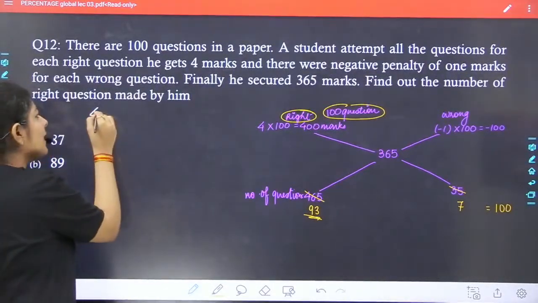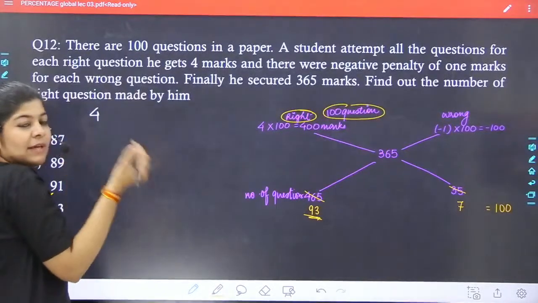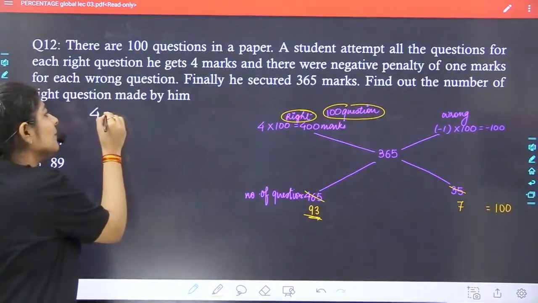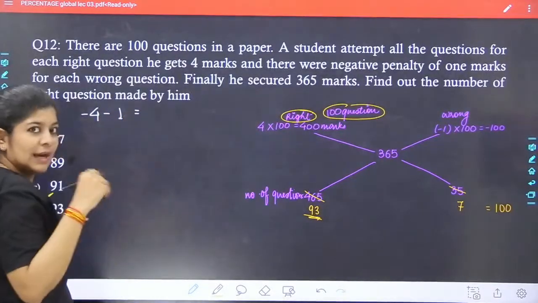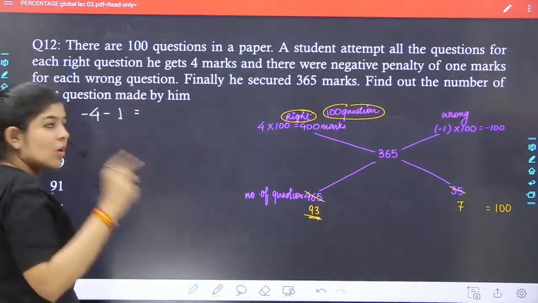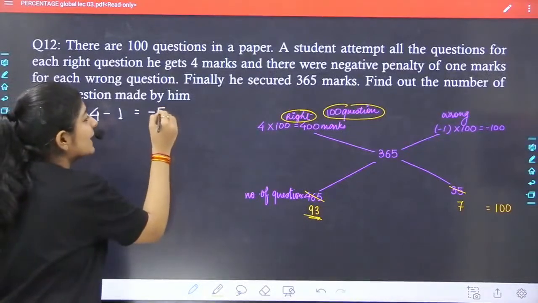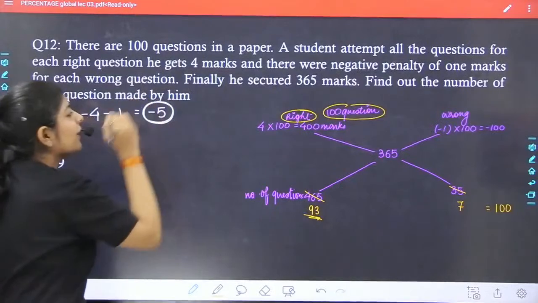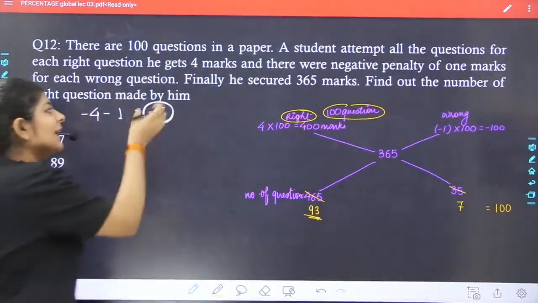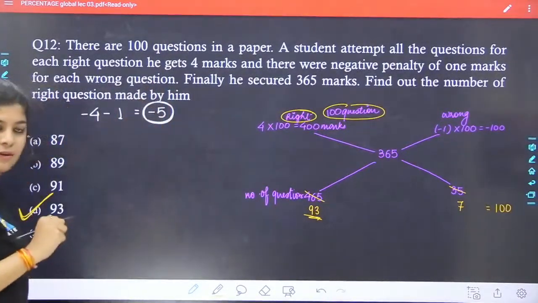The 4 marks which he would get if he attempted it right, and 1 more mark as the penalty. That means on attempting one question wrong, he will lose 5 marks, right? On every wrong question, he'll lose 5 marks.